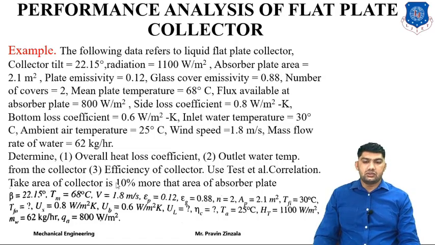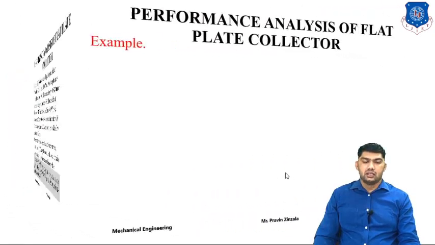So the collector area is the absorber plate area plus 10% of it. So it may also be considered. This is our given data: mass flow rate, heat flow rate. Step by step we will find all the losses, efficiency and temperature.